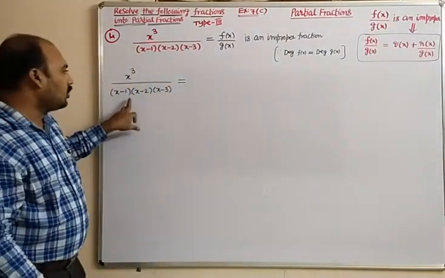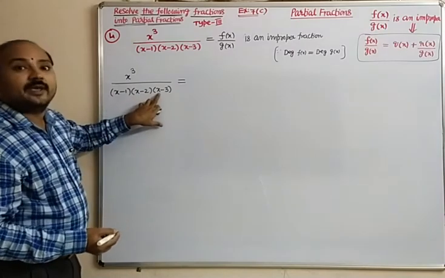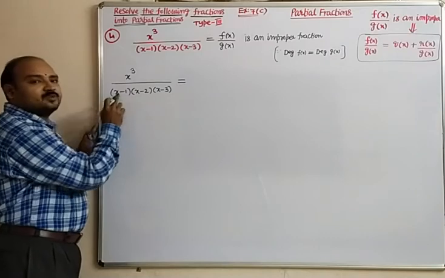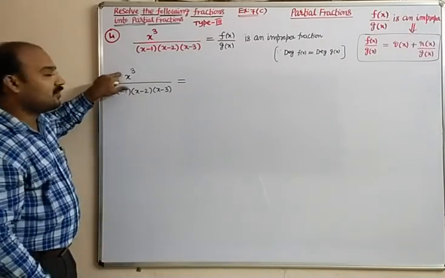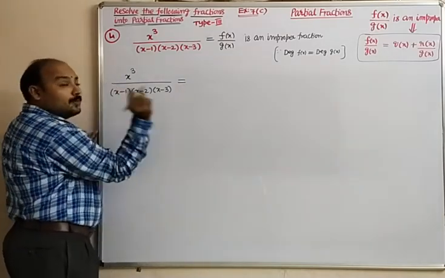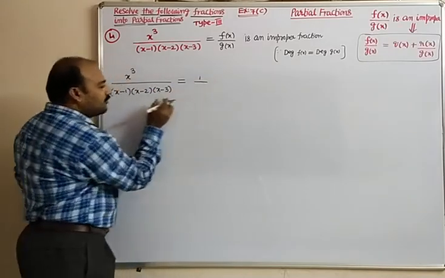So what we have to do here? x into x into x, so x cube. What is the coefficient of the highest power? The x cube coefficient here is 1, and in your numerator also the x cube coefficient is 1. In place of q of x, we write the coefficient of x power 3 divided by the coefficient of x power 3 in the denominator.